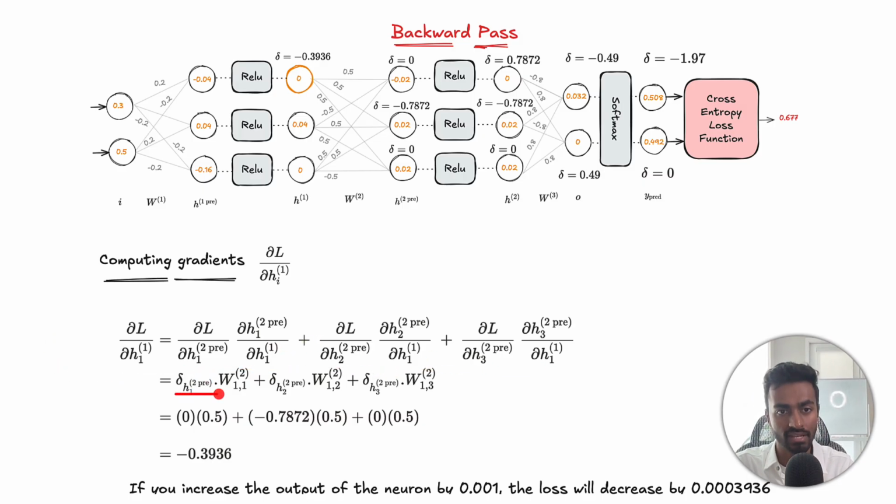Now, 3 of these gradients have already been pre-computed, which is great, so we can just use them over here. And then the other cases are just like the weights that connect them. That's what happens when you compute these derivatives, and then you'll get negative 0.3936. And so that is what we write as the gradient over here for this neuron. So if we change this neuron by 1 notch, the loss will decrease by 0.3936 notches.